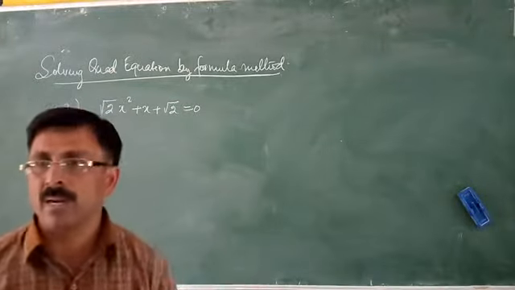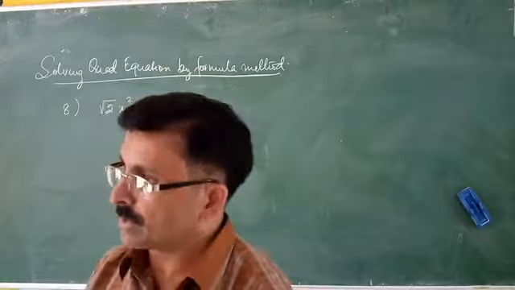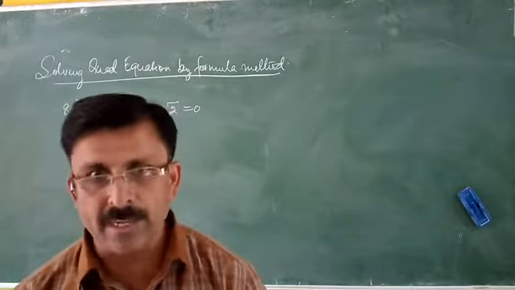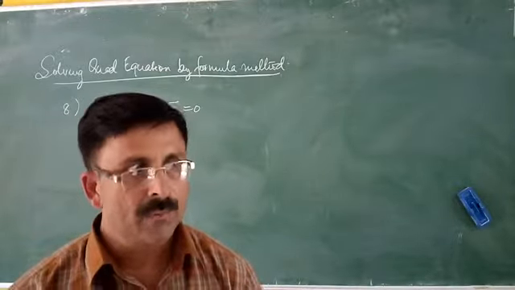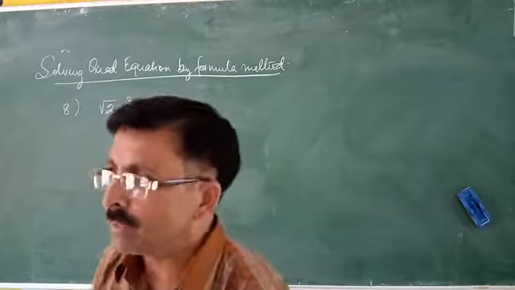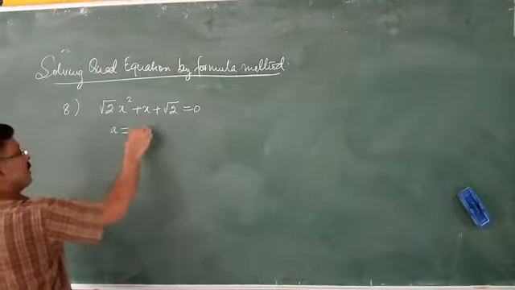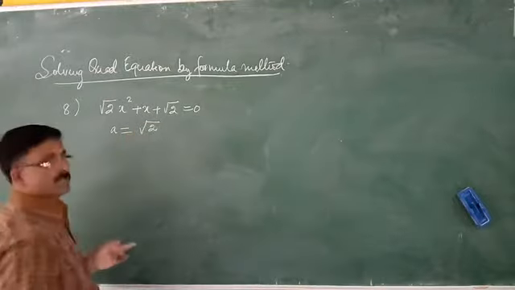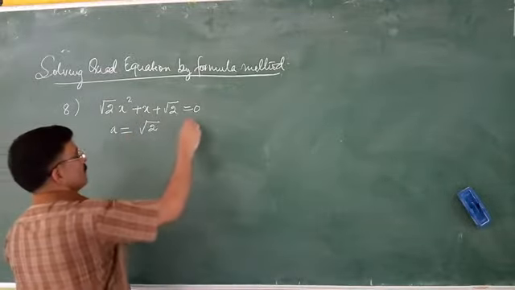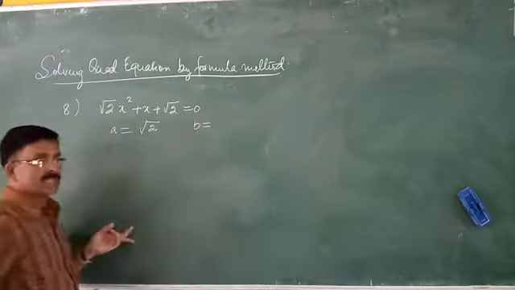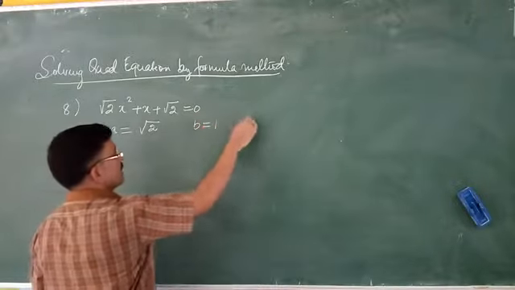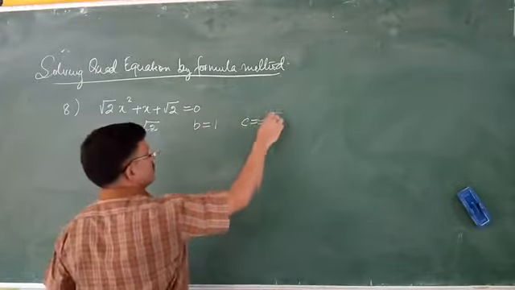Here, this is already in the standard form, so there is no need of any correction in the question. We can directly have the values of A, B and C. The value of A will be root 2, the coefficient of x square. B is the coefficient of x, 1, and C the constant, root 2.